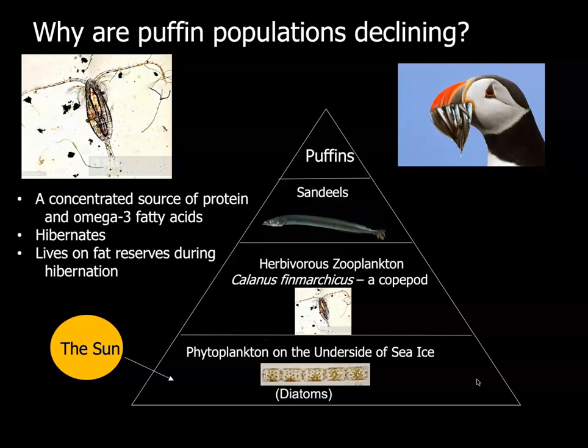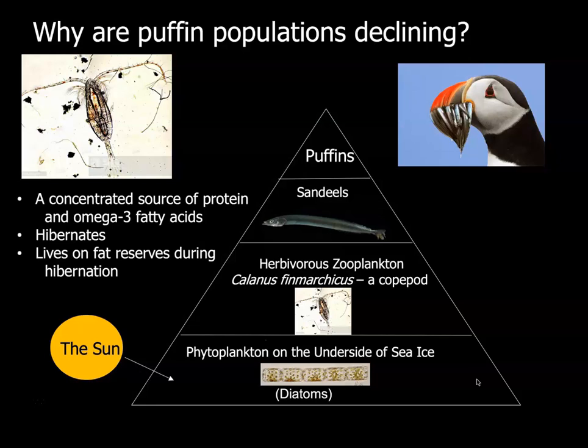In the classic food chain in the Arctic, historically, herbivorous zooplankton feed on the diatoms or the phytoplankton, and the particular species is a species of copepod that hibernates.